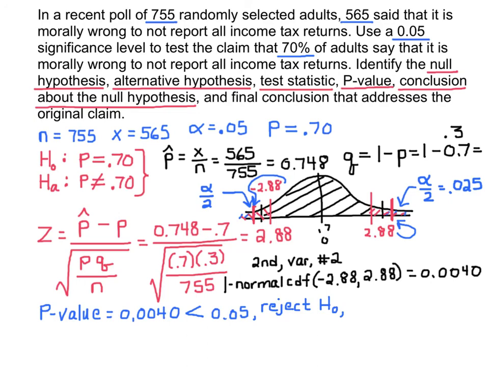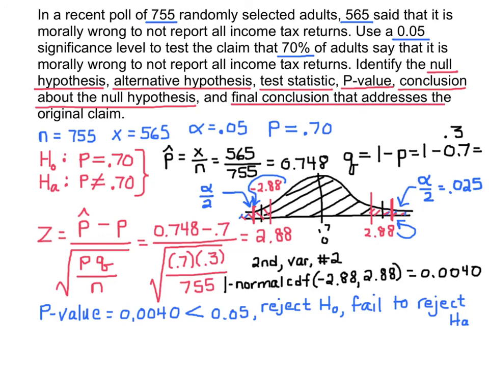And since we reject the null hypothesis, we fail to reject the alternative hypothesis, H sub A, which is what we're supporting here, that the population proportion is not equal to 70%. So we failed to reject the alternative hypothesis.